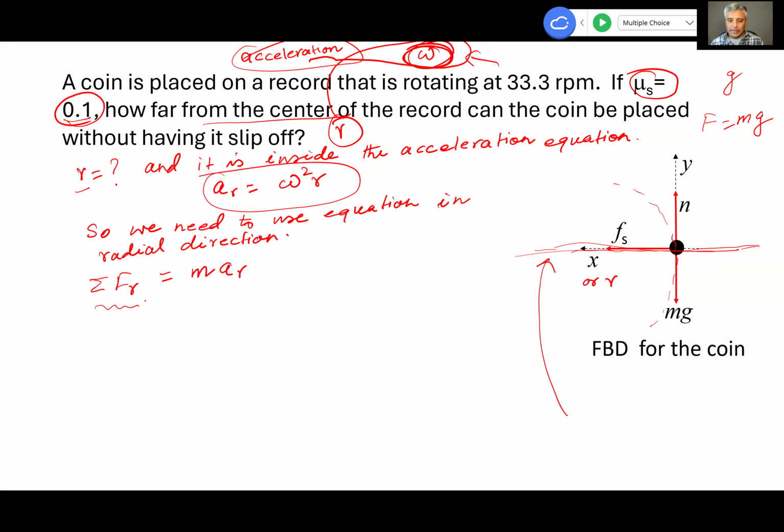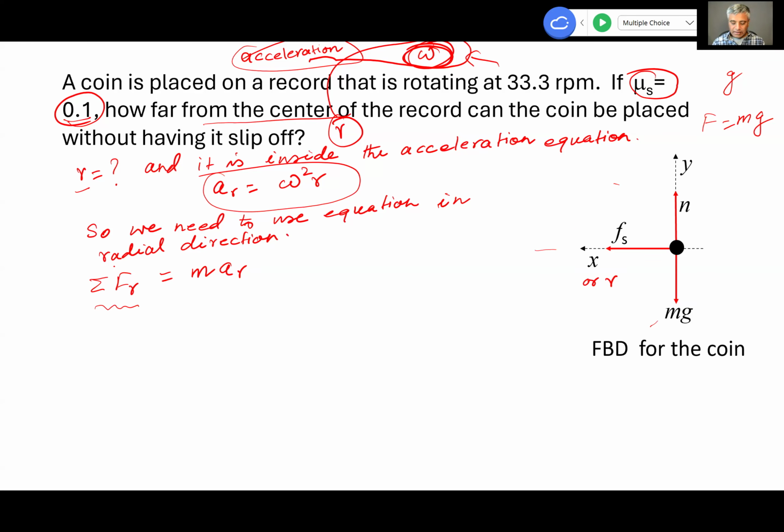Along the radial direction. This is the radial direction. So you are just looking at the free body diagram and counting the number of forces. And I don't see a response. I don't know why it's so difficult.